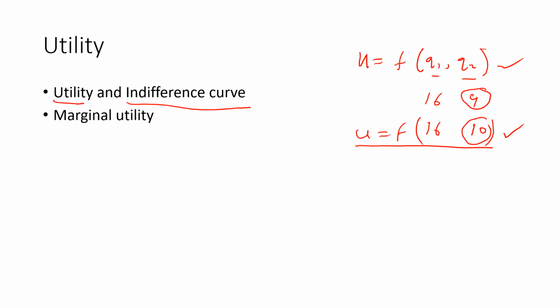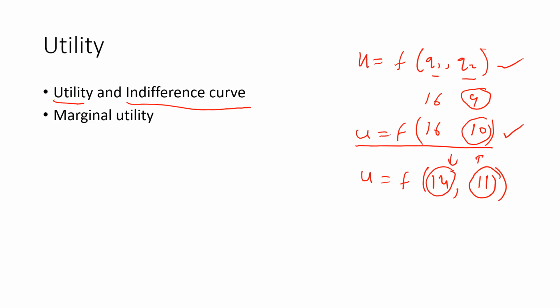But if instead the new bundle comprises fewer pizzas, let's say 14 pizzas, but we increase the number of burritos, let's say to 11, the number of burritos has increased, whereas the number of pizzas has decreased.